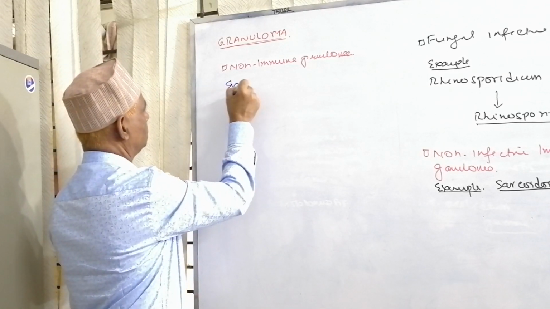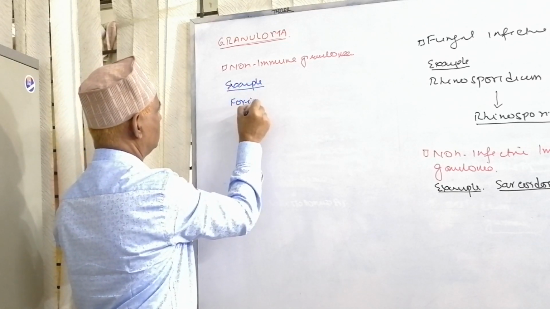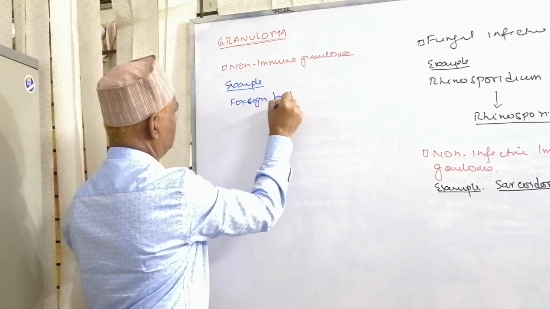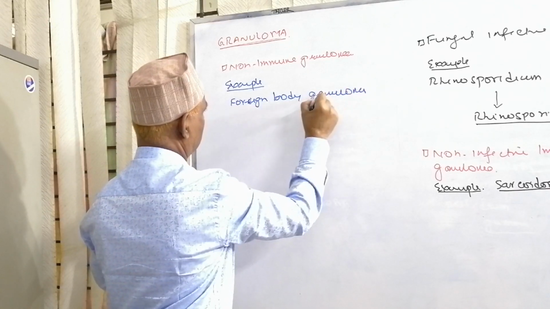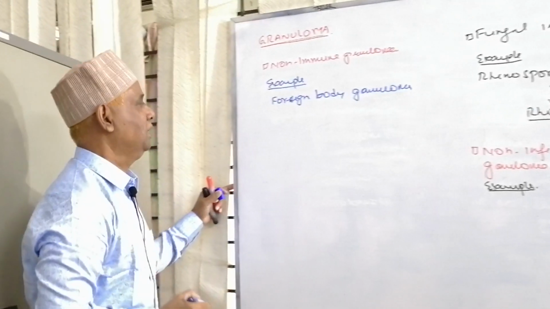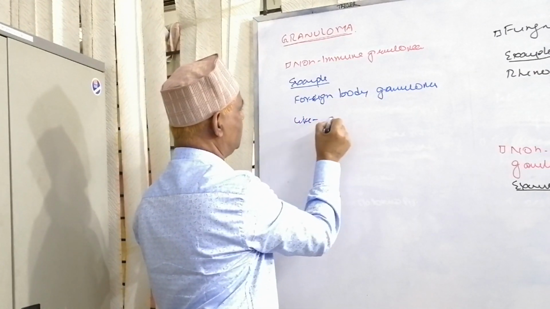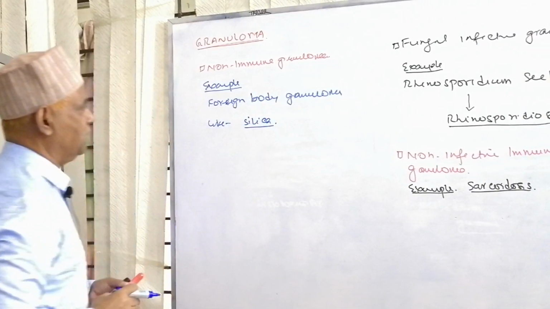An example is foreign body granuloma, like granuloma caused by silica.